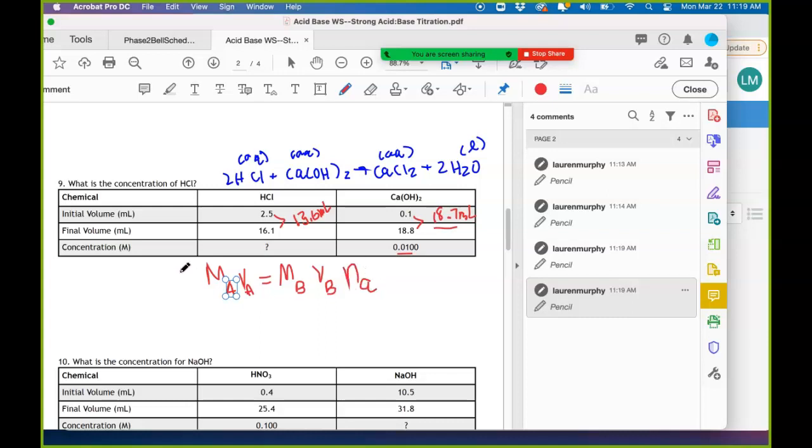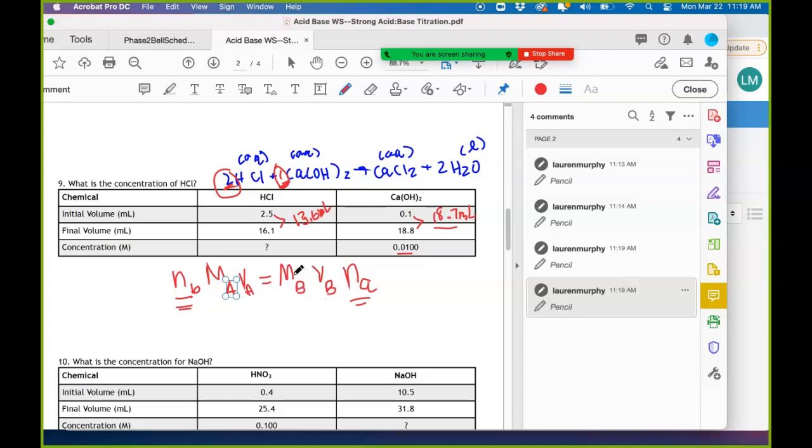So the moles of the acid goes on the base side, and the moles of the base go on the acid side. And when I say moles, I'm talking about these mole to mole ratios. So this is a 2, and this is an invisible, but it's a 1. If you wanted to solve it this way, you could, but you have to consider their mole ratios. And most kids go wrong this way.